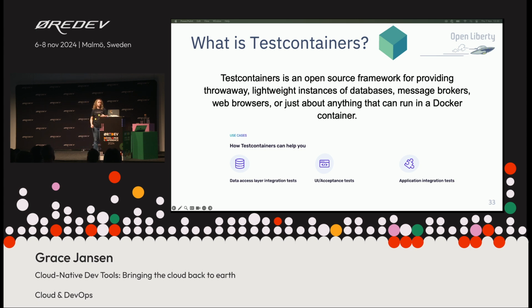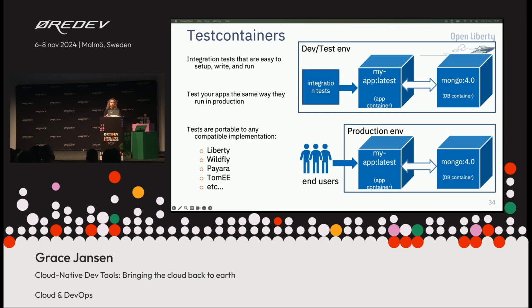Testcontainers is really about, as I said, having the ability to have light, throwaway instances of containers on your local machine so you can better replicate that production environment on your own machine. So if anyone knows the 12 or the 15-factor application methodology, it's really getting closer to that dev-prod parity, or application parity. There are lots of different ways that you can utilize Testcontainers.